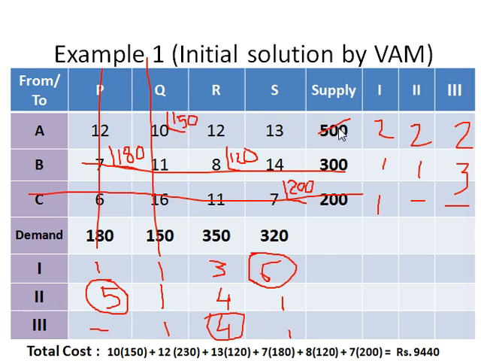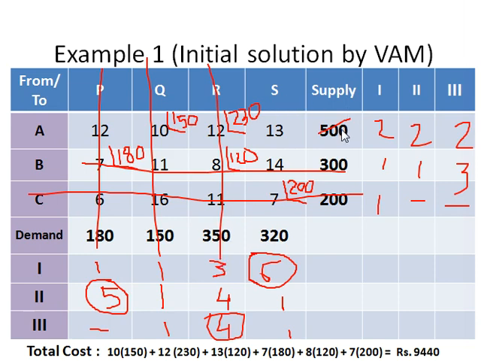Am I clear? So out of this 350 supply, what we can supply here is the remaining demand, 350 minus 120, so we are left with 230. So you can supply 230 units here, and this is satisfied.